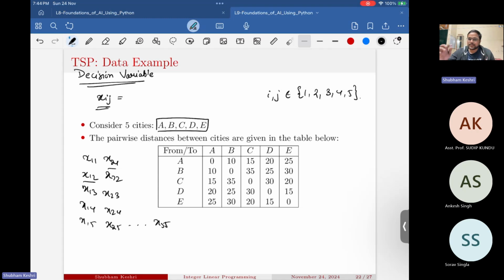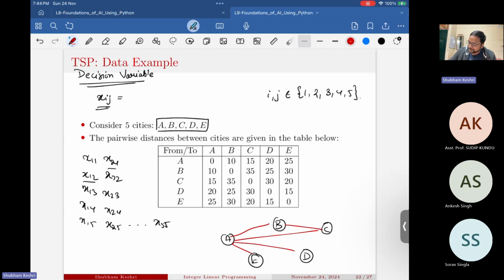You can imagine this as a graph problem. We were talking about graphs since the first class. So we have nodes A, B, C, D, and E, and currently each node is connected to every other node.